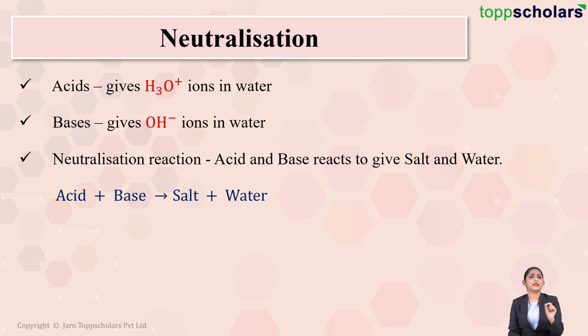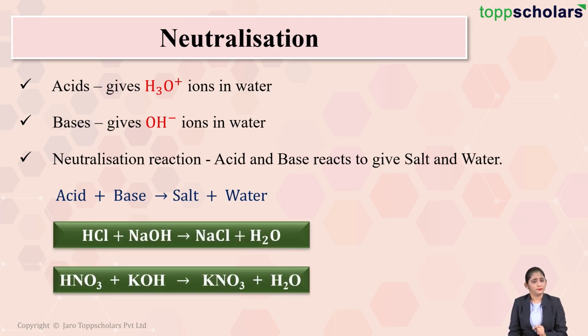Exactly. Let's take some examples to understand this, right? So, here I have acid HCl, that is hydrochloric acid, and the next one is base, that is sodium hydroxide. So, here you can see the acid reacts with the base, that is sodium hydroxide, resulting in the formation of salt and water. The salt which is formed over here is sodium chloride, right? Now, let's move on to the next example.